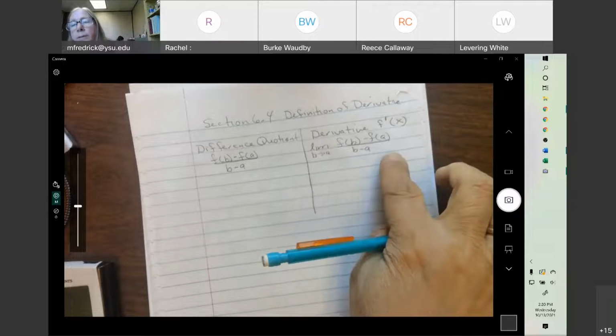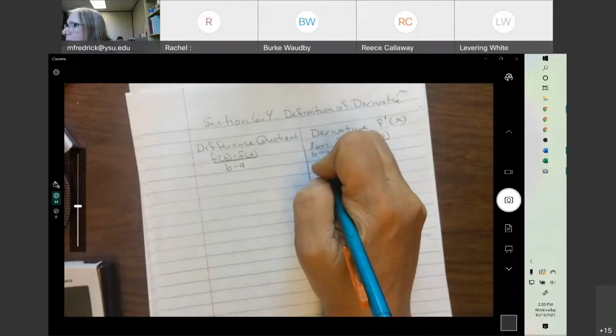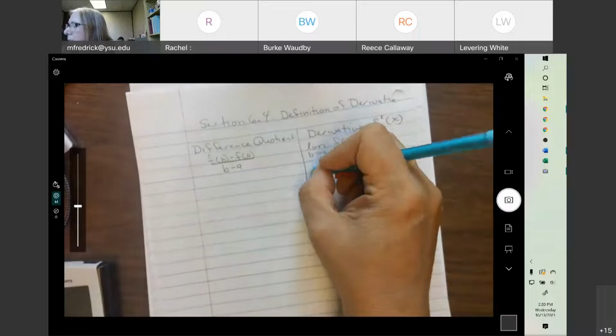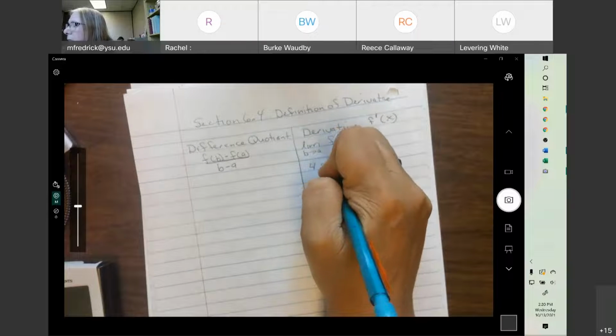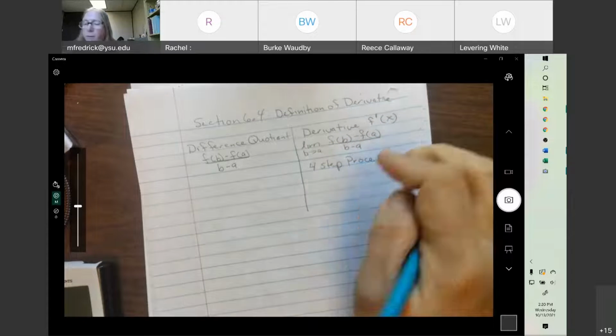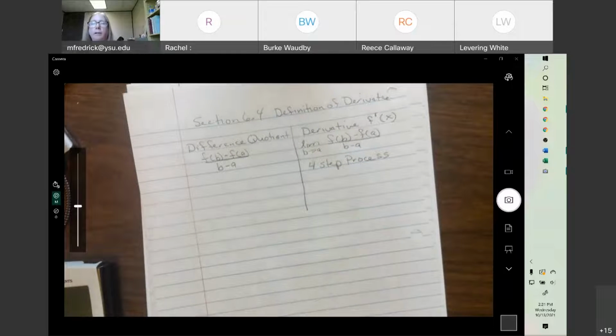So this is one way of taking the derivative. Another way is the 4-step process, which we'll outline below. Now, the main thing is knowing the proper wording so you know which one to use.